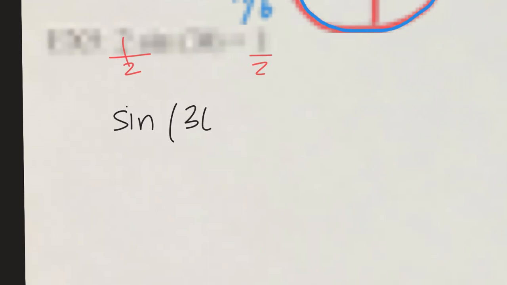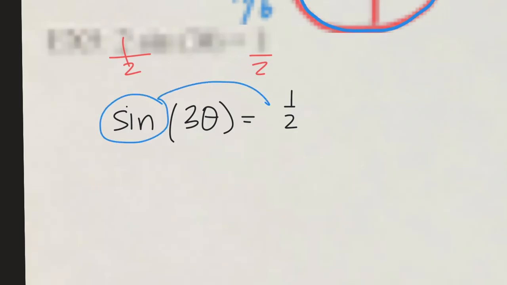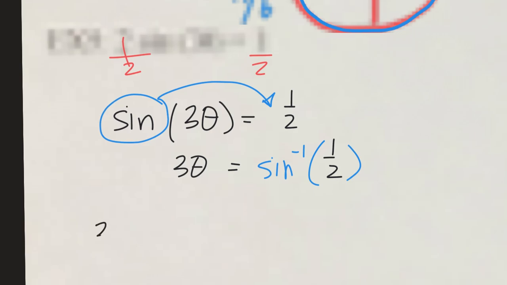Divide by 2, pretty straightforward. Sine of 3 times some angle equals 1/2. Move our sine over by taking the inverse sine of 1/2. How many times on your unit circle is the sine 1/2? 2 times.